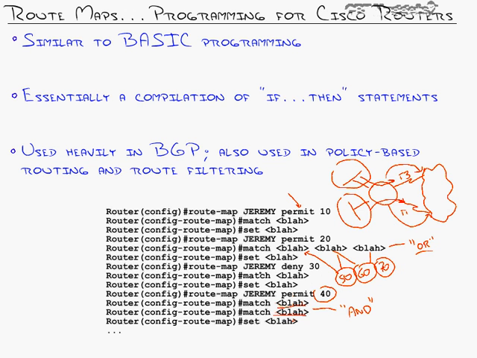Now, the last thing I want to talk about with the syntax is one of the more confusing ones, in my opinion, and that is the deny statement with a route map. I can type in route map Jeremy deny 30. In this case, it's just sequence number 30. A deny statement says anything that you match under here will not be processed by this route map.